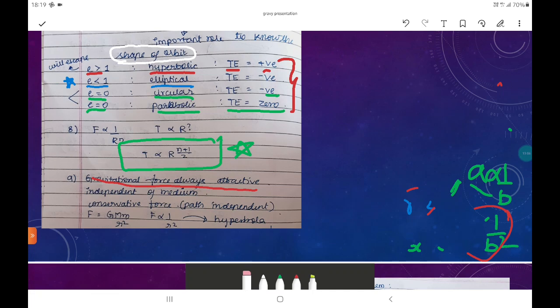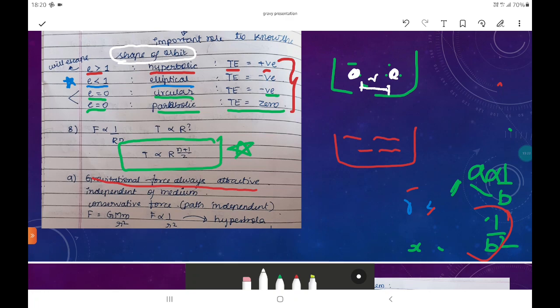For example, if I am taking a beaker full of water and a beaker full of glycerin, and I put two bodies, body A and body B, separated at a distance r in water, they experience a gravitational force F. Now similarly, I put the same two bodies in glycerin at the same distance. Mass same, bodies same, distance same, everything is same.